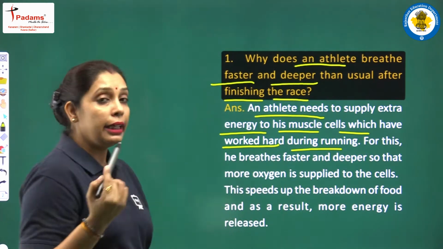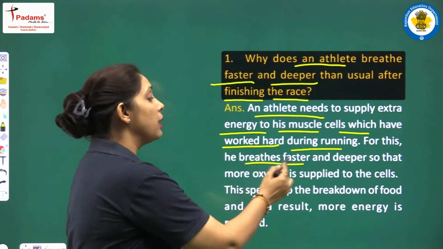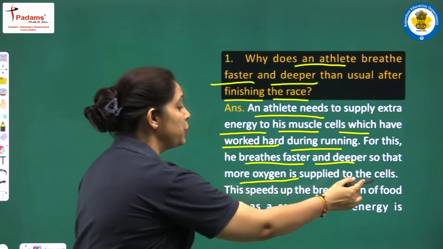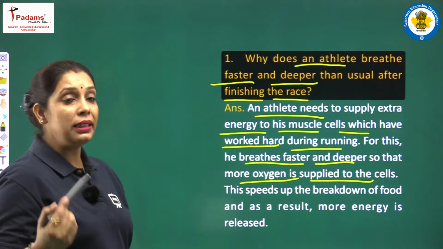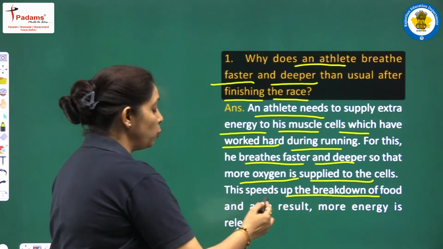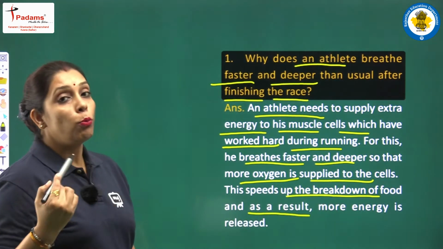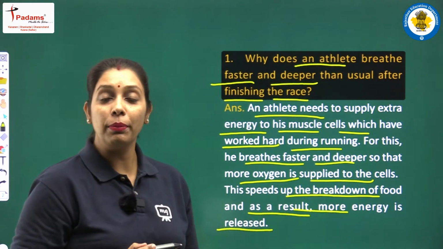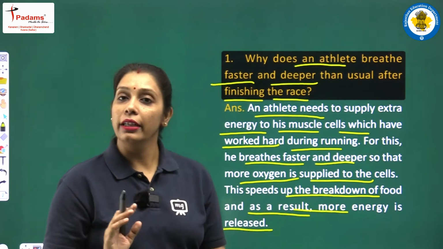For this, he breathes faster and deeper so that more oxygen is supplied to the cells. This speeds up the breakdown of food and as a result more energy is released. Is that clear to everybody? We will write this answer in this question.